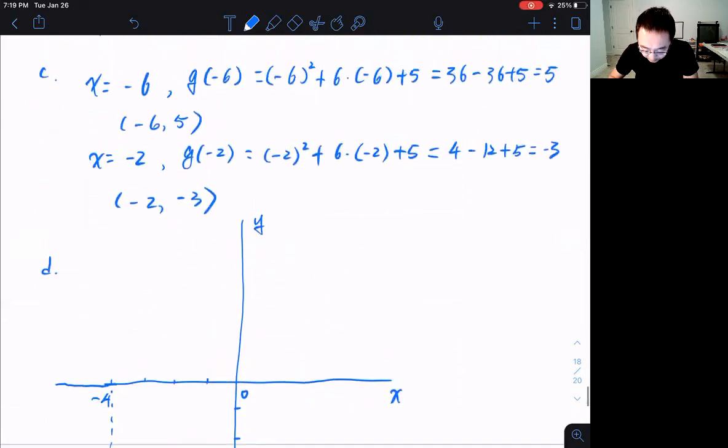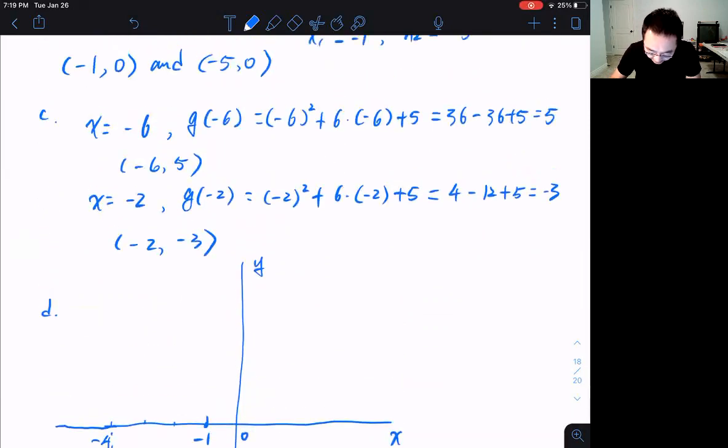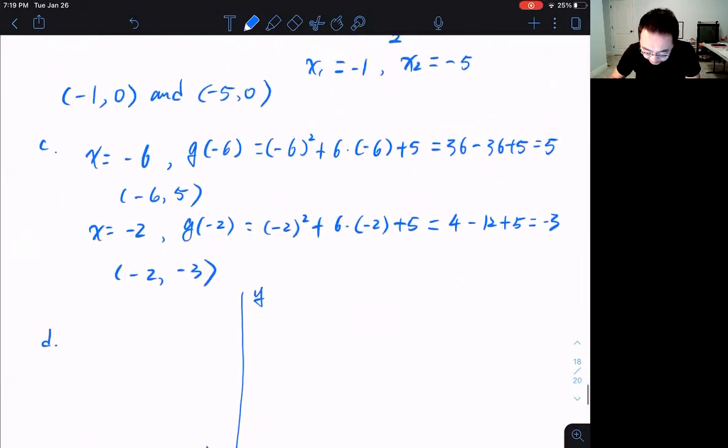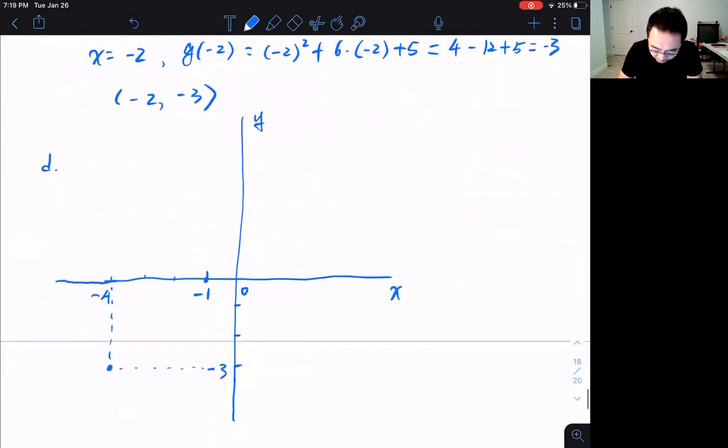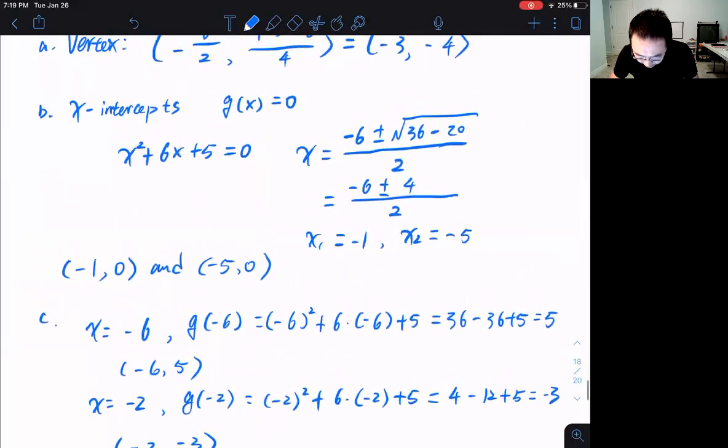Then the x-intercepts we found to be negative 1, 0 right here, and the other one is negative 5, 0. Wait, let's see, is that right? What is your vertex?